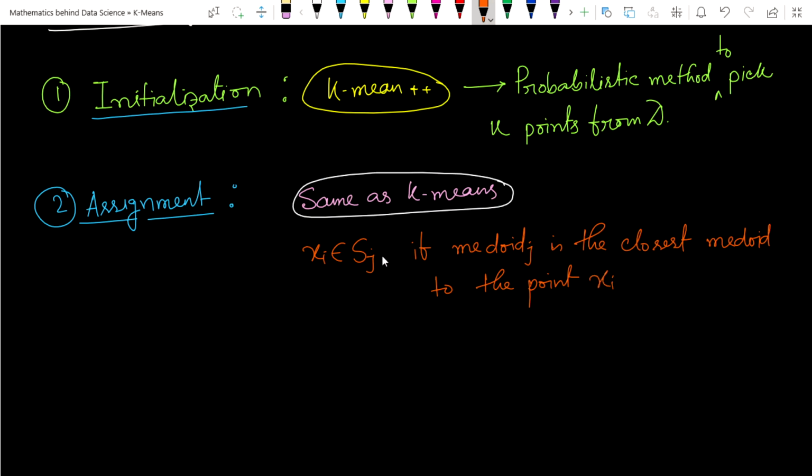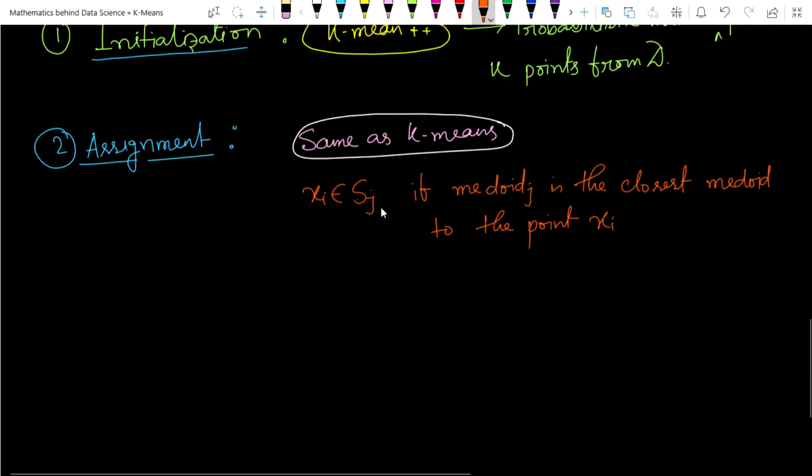Then we take xi as belonging to our cluster, the group Sj. We have already seen this in K-means.